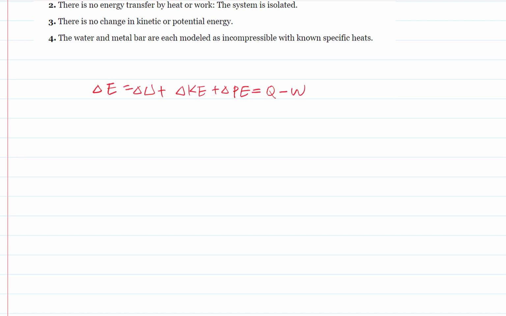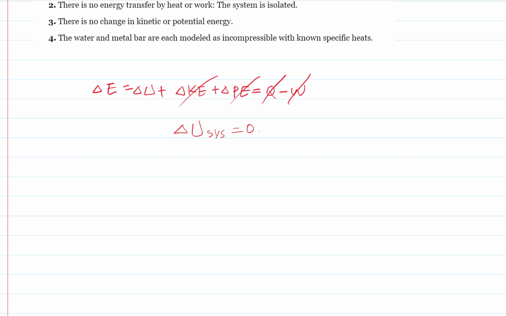So this is basically the first law of thermodynamics. The tank is stationary, so neglect kinetic energy change and potential energy change. There is no heat transfer, no work associated with the process. So the only thing left is the internal energy change of the system equals 0.